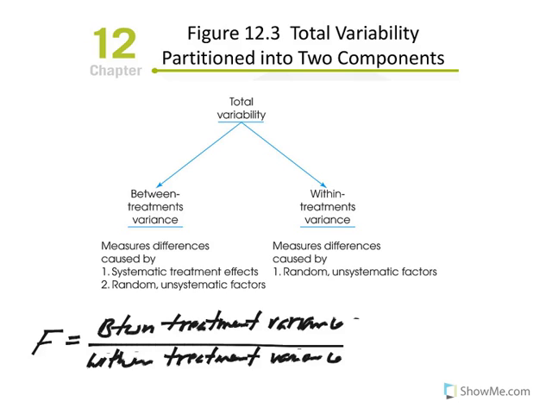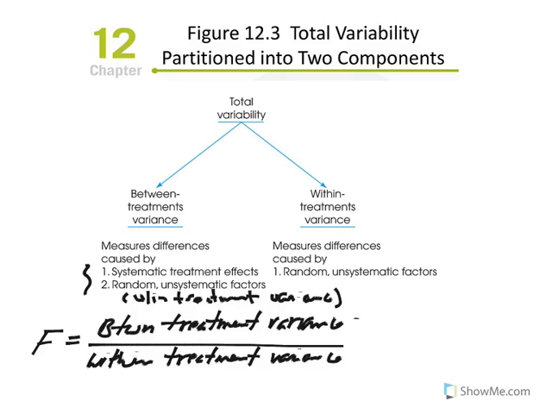or differences. So the between treatment variance is a function of two things, or the causes of variation are one, systematic treatment effects, again, that the treatments cause a difference in scores, and also the random unsystematic factors, which is another way of saying the within treatment variance. So it includes treatment effect and what we define as within treatment variance.